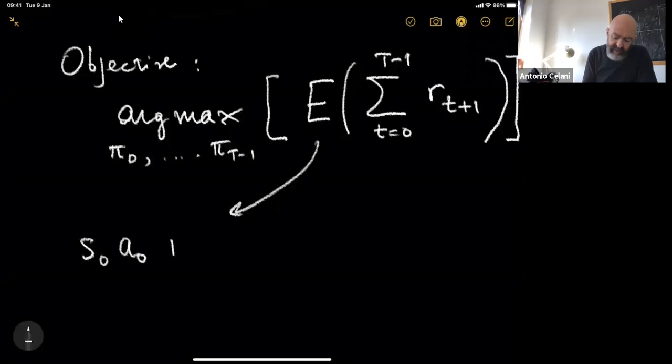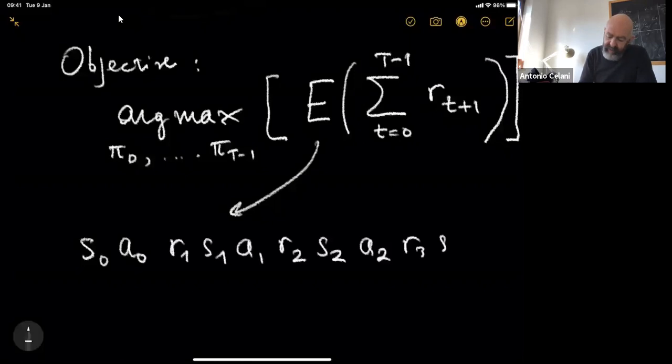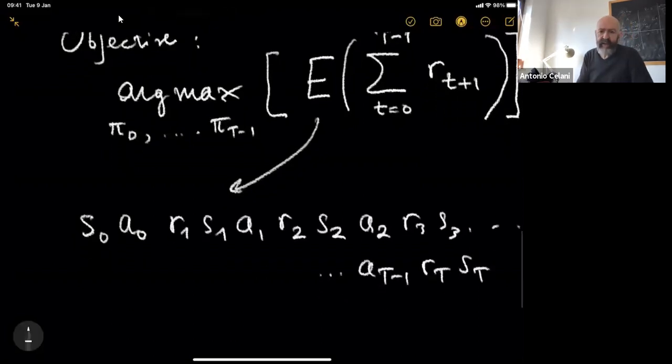Then we get reward 1 and state 1, and then we have action 1, and this gives reward 2 and S2, and then from state S2 I pick action 2, which gives me a reward 3 and state 3, and so on and so forth until I end up with a capital T minus 1, RT, ST. Okay, so this is a full history from beginning to end.